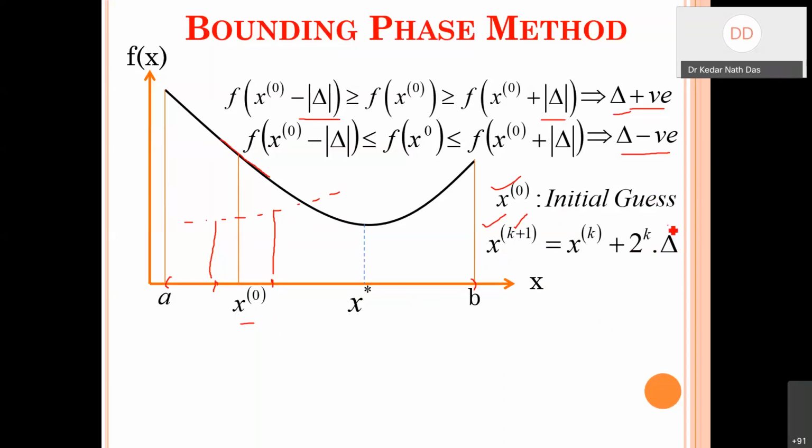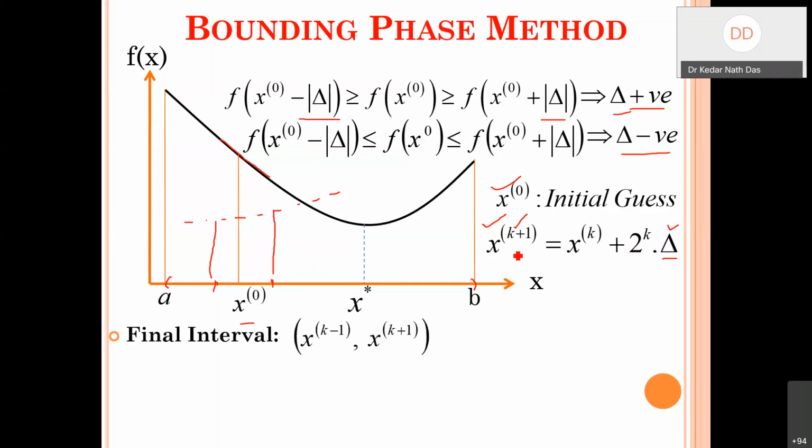And once the delta is fixed, then we have 2 power 0, that is 1 into delta. That means to x0, we are just adding the delta value. In the next iteration, again, we are going for 2 power 1, that is twice the delta value, and then 2 power 2, that is 4 times the delta value, and so on. So exponentially, the delta value will be increased. So the step size is going to be increased from time to time. So in that way, we can find a bracket quickly to bracket the solution ultimately.